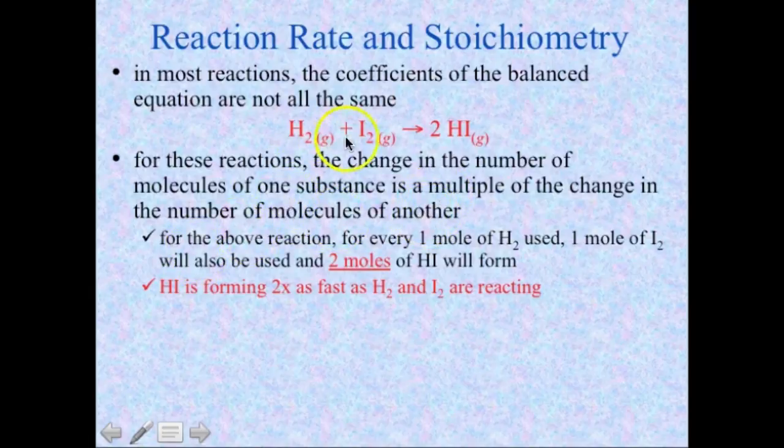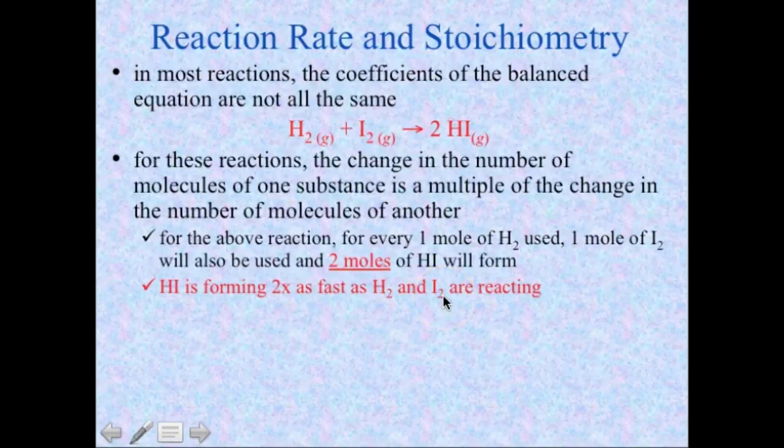For example, this reaction, for every 1 mole of hydrogen used, 1 mole of iodine will also react and 2 moles of hydrogen iodide will form. And therefore, hydrogen iodide is forming twice as fast as hydrogen and iodine are reacting.